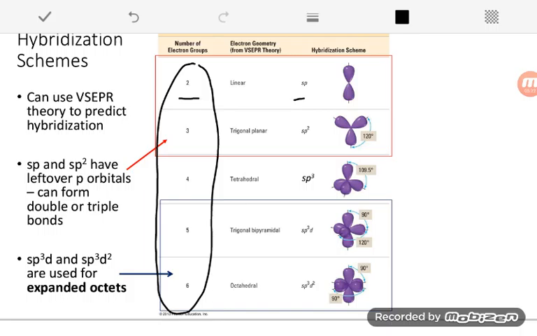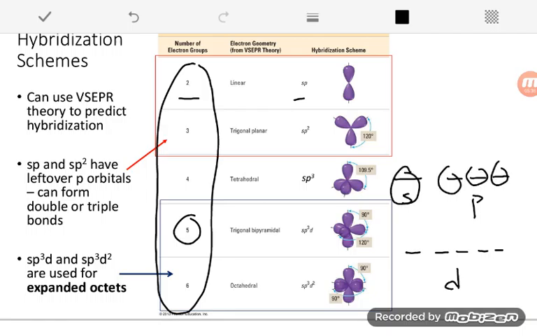So what I like to do sometimes is draw out my S's and my P's and my D's, and let's say, for instance, I needed 5 electron groups. I would say, okay, I need 1, 2, 3, 4, 5 orbitals to accommodate my electron groups. So that would be sp3d.